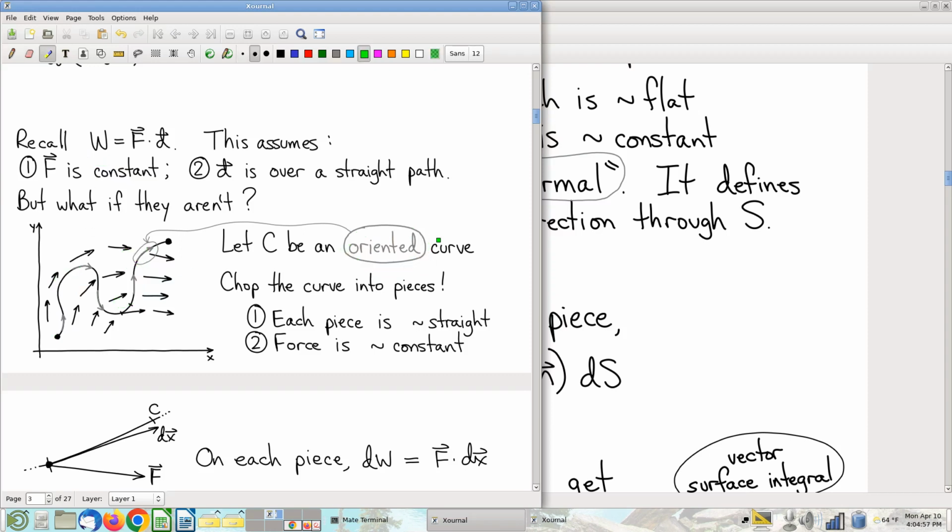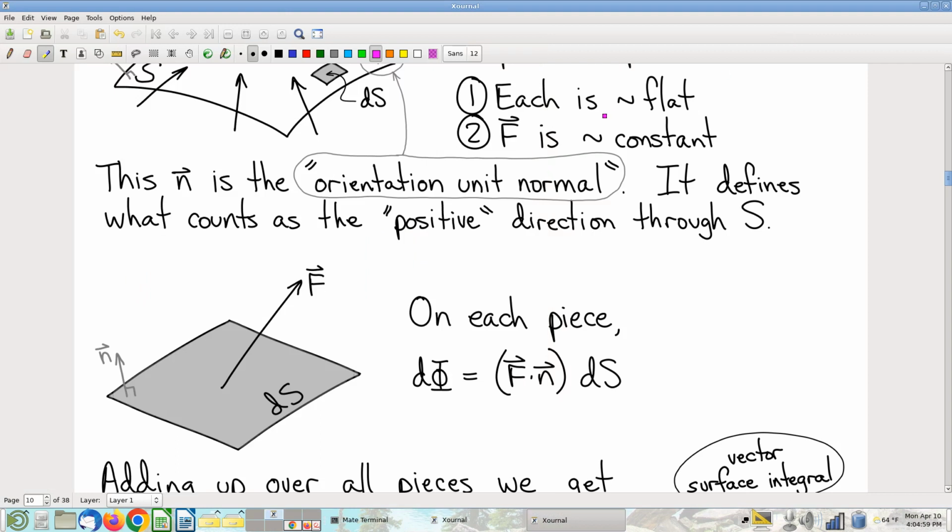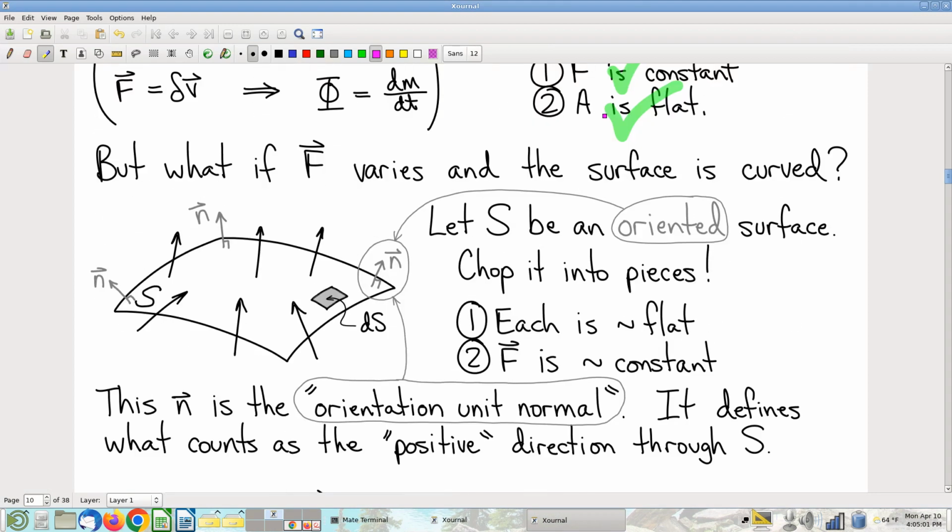Well, the same is true when you're talking about flux, right? So if I define my flux and compute all of my fluxes based on normal vectors that are like this, then when my flow is, let's say, like that, if you look at F dot n here, the vector field's going approximately the same direction as that normal vector in purple, and so there I would get a positive amount of flux.